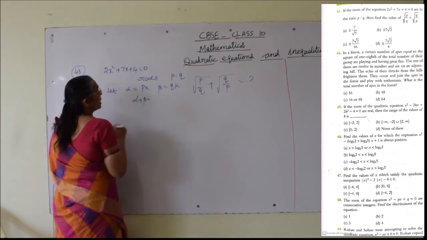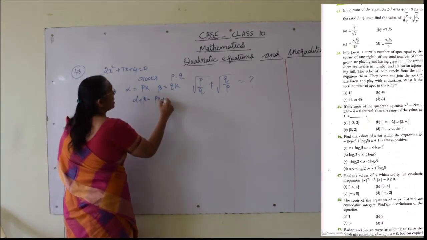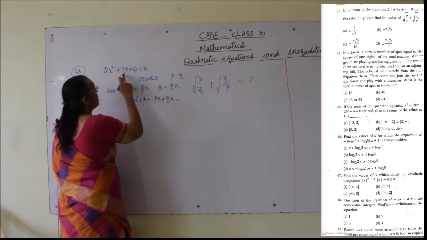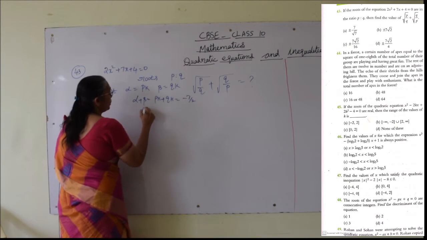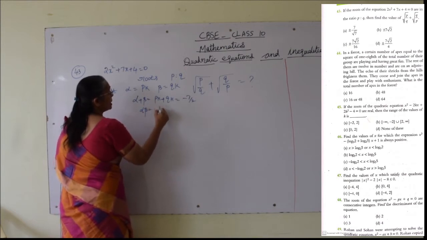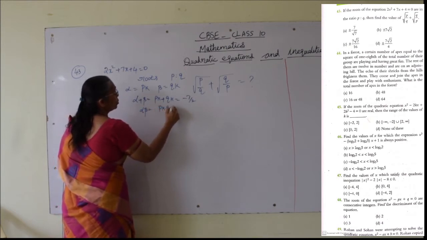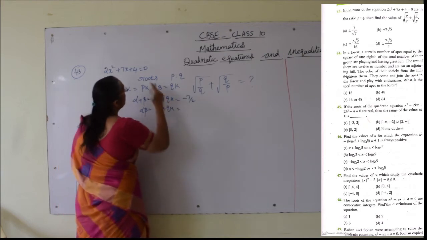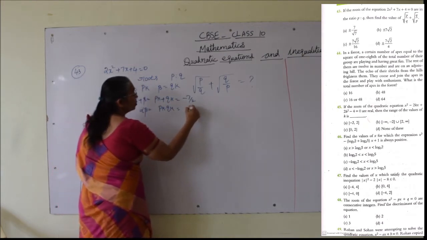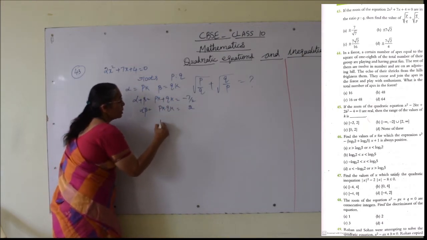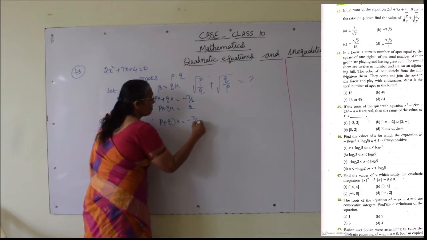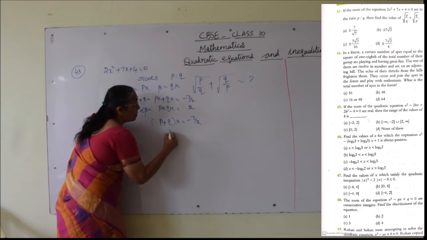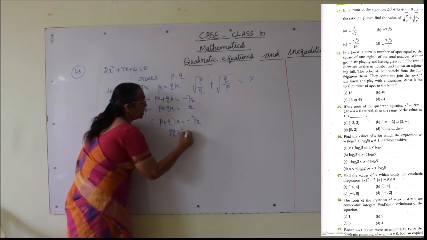Alpha plus beta, which is pk plus qk, is nothing but minus b by a, minus 7 by 2. Now, product alpha into beta, pk into qk, which equals c by a, 4 by 2, 2. So, on simplification p plus q of k is minus 7 by 2 and here pq k square is 2.